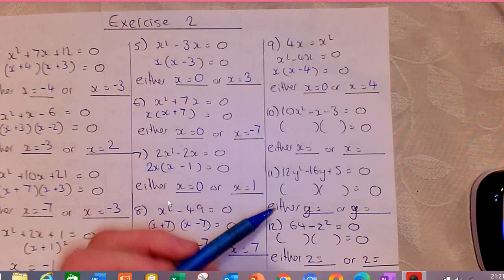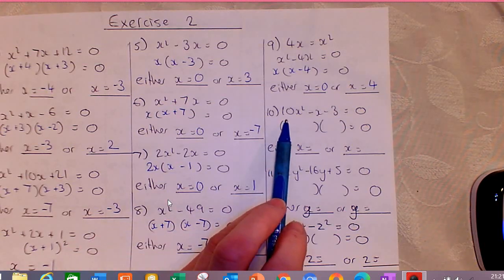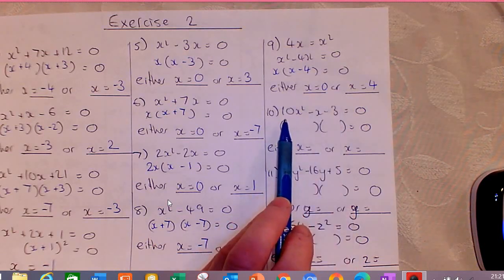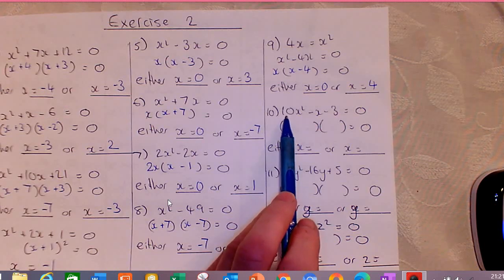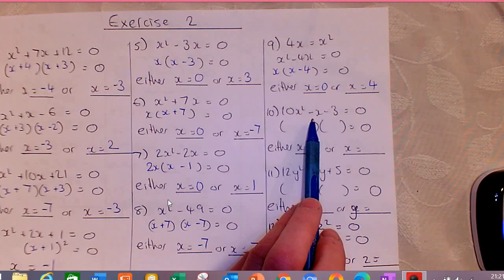Okay, now this one's a bit harder, isn't it? So this is going back to the work we did on factorising. So remember how we do these horrible ones. You think of two numbers times together that make 10 times minus 3, which is minus 30, added together to make minus 1. Well, I can hear in my head that's got to be minus 6 and 5.